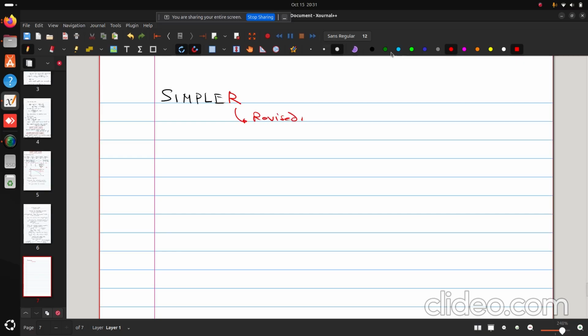Okay, so this is the revised SIMPLE algorithm that was also developed by Patankar, Suhas V. Patankar, in 1980. Okay, so it is an improved version of the simple algorithm.